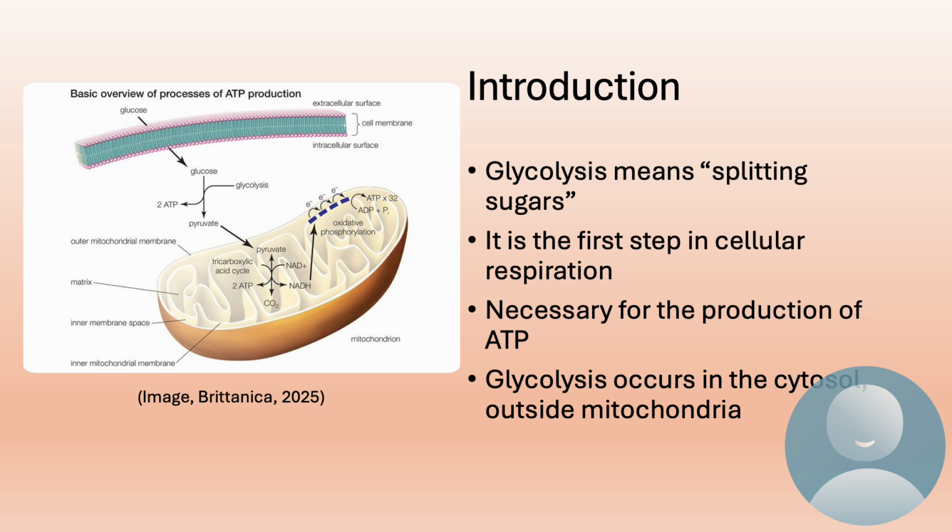Glycolysis also results in the production of pyruvate, which, depending on the availability of oxygen and the type of organism, will either enter into the mitochondria to take part in the citric acid cycle and complete cellular respiration, or will go on to a type of fermentation process, which in animals or mammals would be lactic acid fermentation, and in other organisms such as yeast, fermentation into ethanol and carbon dioxide.